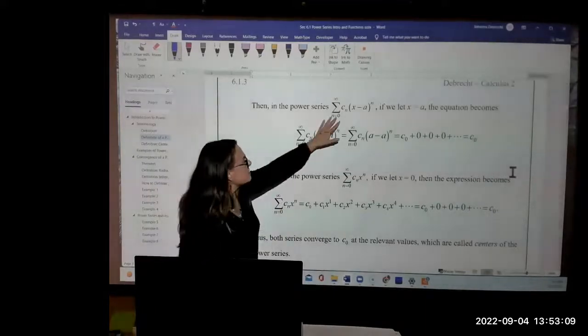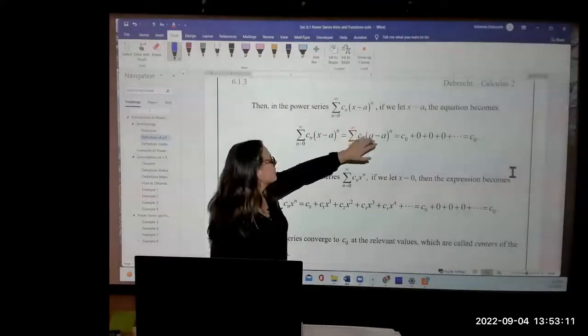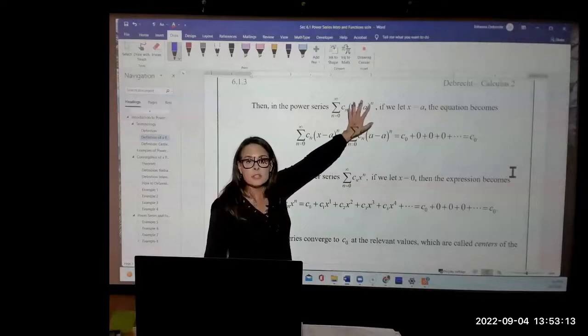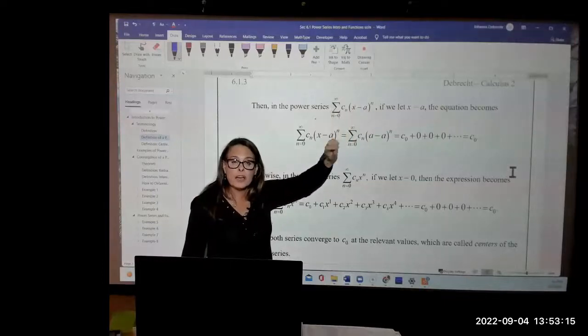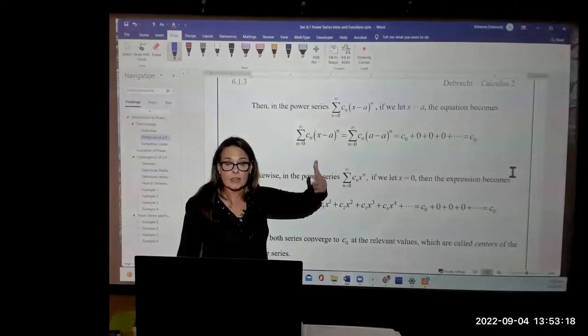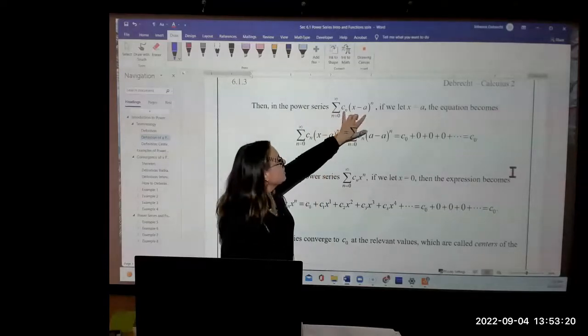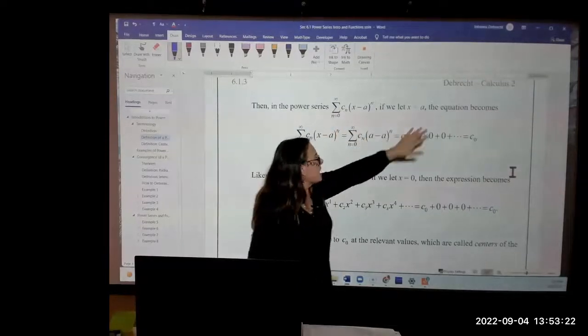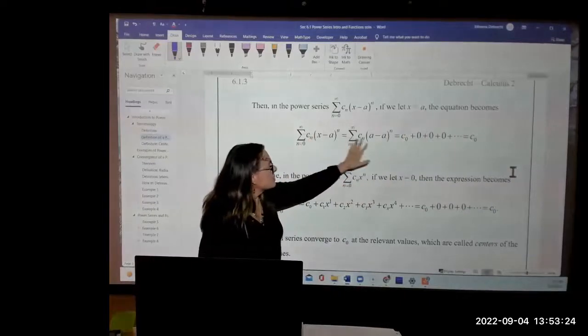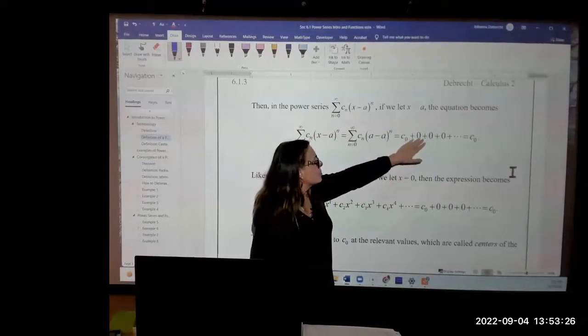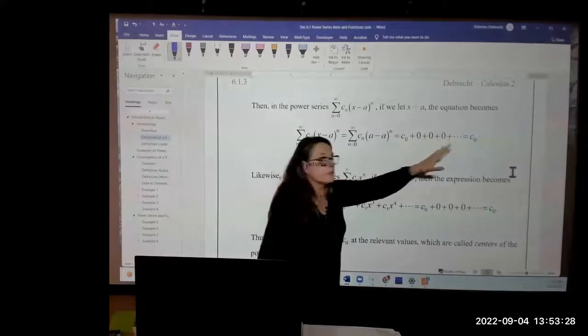So now that we've made that definition, that x minus a to the 0th power is going to be 1, even if a is x, then if we do let x be a, the entire series becomes c sub 0 plus 0 plus 0 plus 0 plus 0.